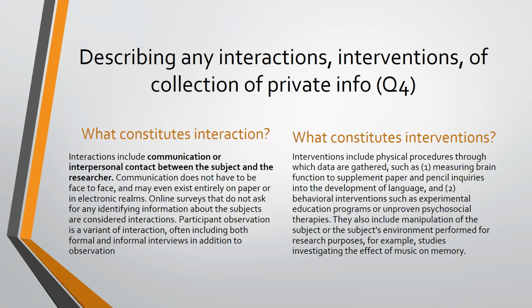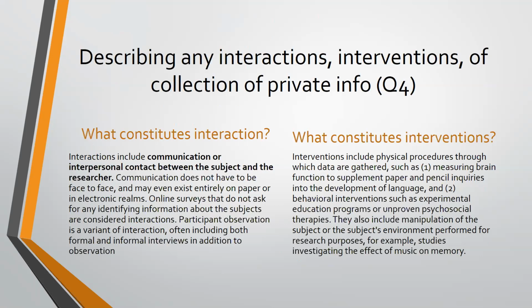What would constitute an interaction? Well, that would include any communication between the researcher and the participant, or the participant and the material. The communication doesn't have to be face-to-face. Your experiment might be entirely online, and that still constitutes communication and still constitutes an interaction.